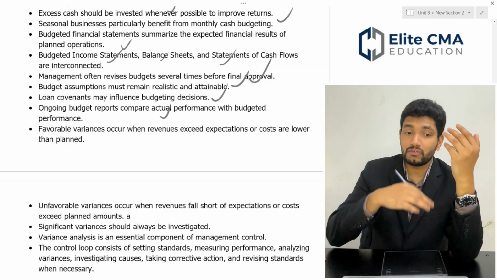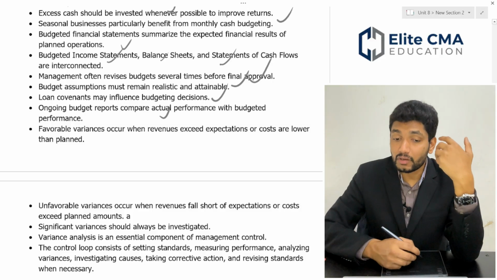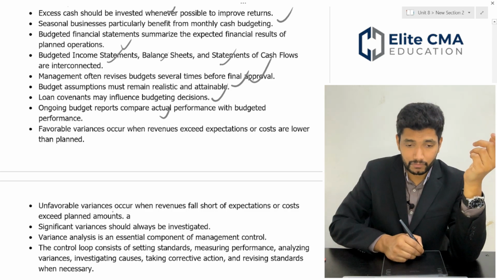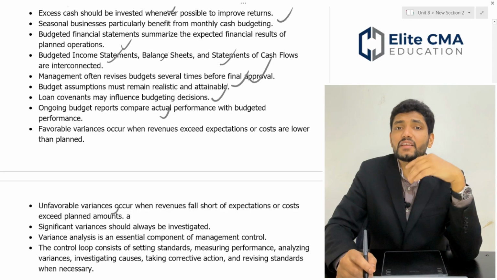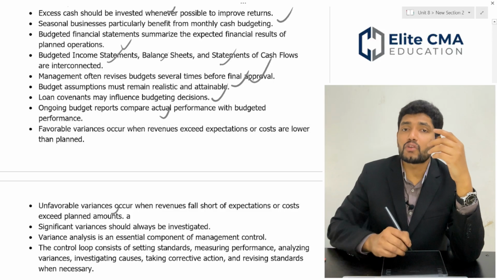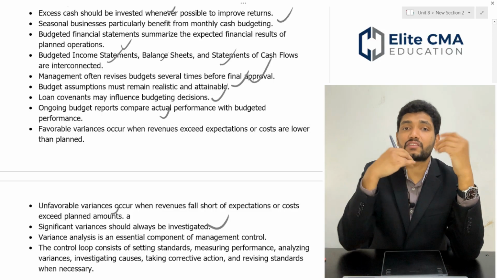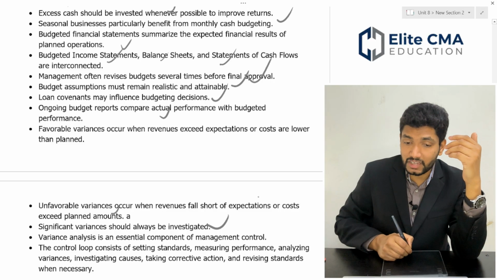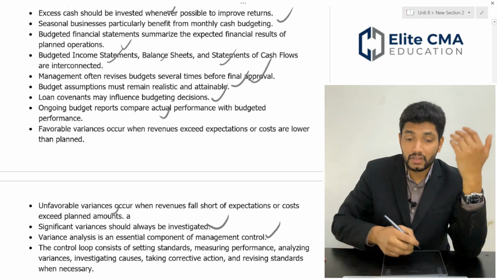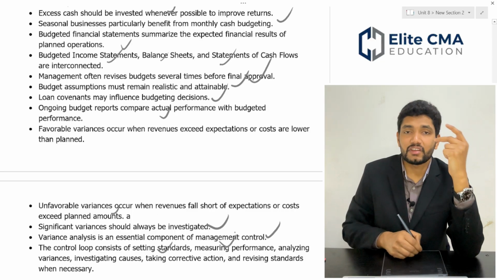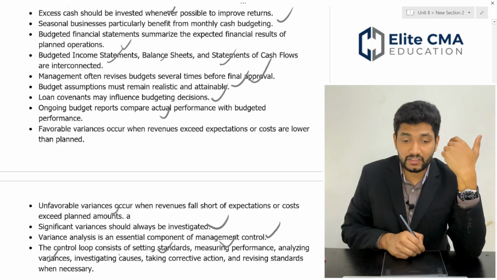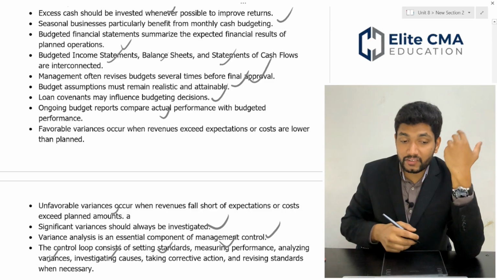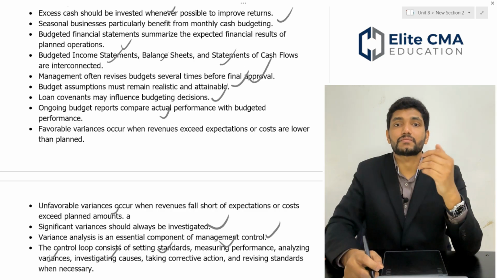Unfavorable variances are just the opposite, which means revenue falls short of expectation or costs exceed the plan. Significant variances always have to be investigated and corrective action has to be taken. Then variance analysis is an essential management tool, which includes setting standards, measuring performance, analyzing variances, investigating causes and taking corrective actions. It also includes revising the standard once required.